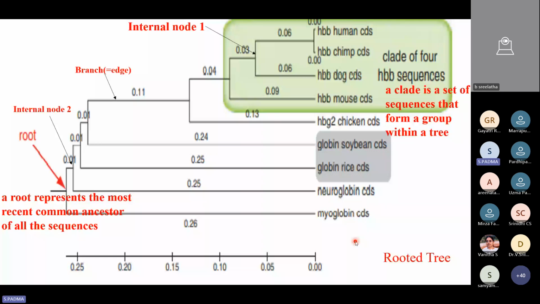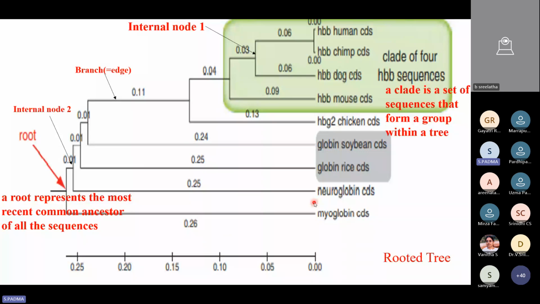Is it clear? What we are seeing here, there are 9 types of globin. This is myoglobin, neuroglobin. This is from plant source. This is from birds. This is from mammalian source, human, chimpanzee, dog, and mouse. So this one is showing you at the level of the gene.